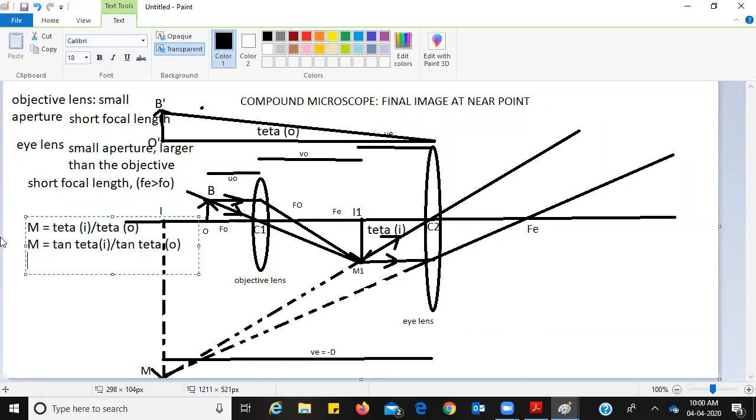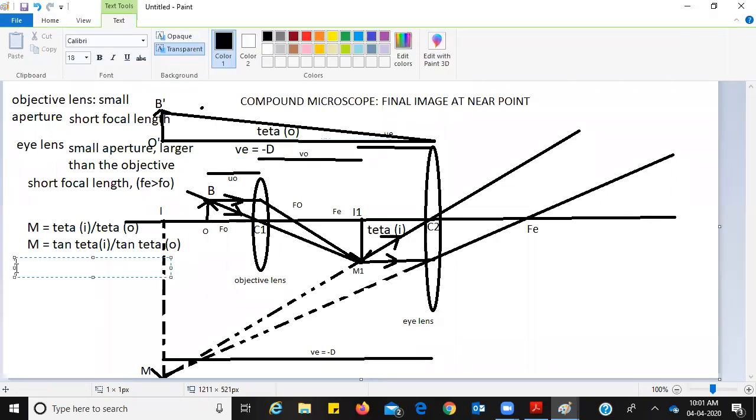But that distance is D, right? Yes, sir. That is, B dash O dash equals OB, and O dash C2 is D minus 2. So you can take that as I1 M1 by C2 I1. Okay, I'll go for that. So fine.